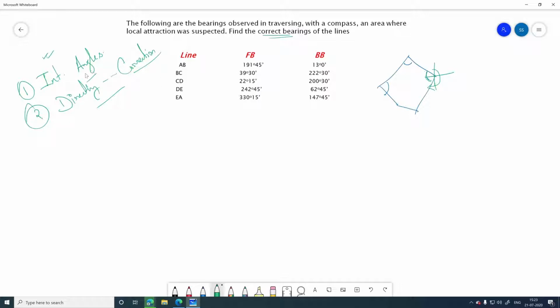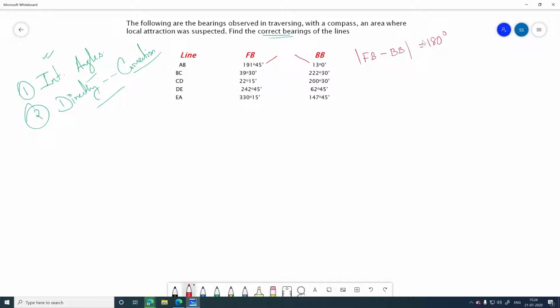By the name, we need to determine the interior angles first, right? So let's draw the traverse first. These are the forward bearing and back bearing values given. How do we check in which line there is an effect of local attraction? Take the difference of the forward bearing and back bearing, and if it equals 180 degrees, there is no effect of local attraction.